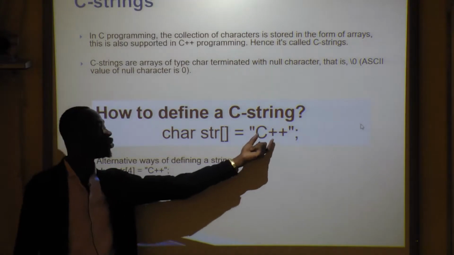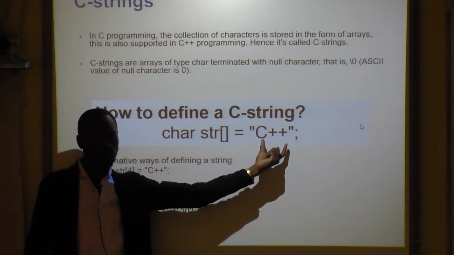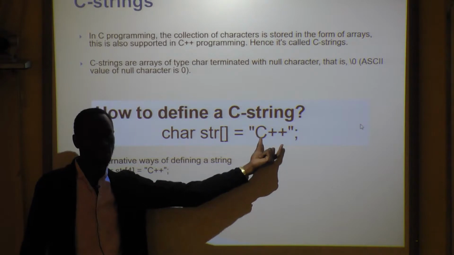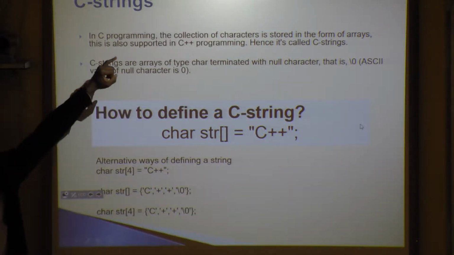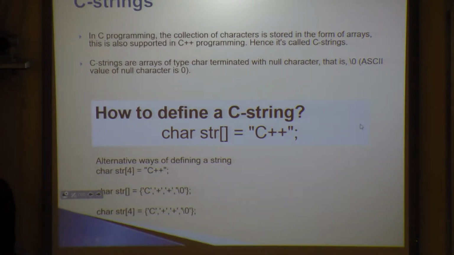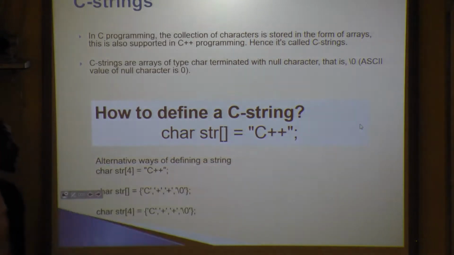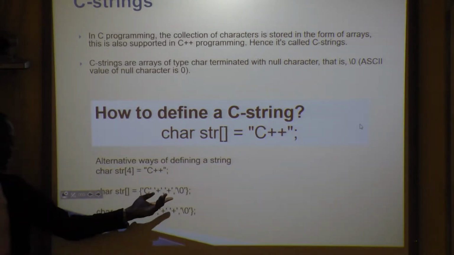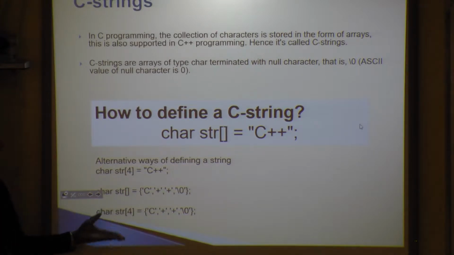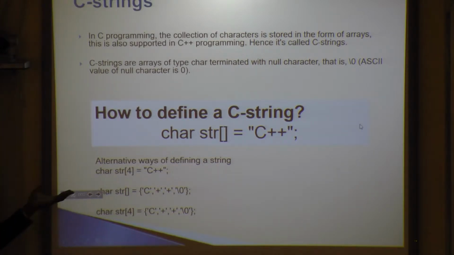It is going to store the string that we declare inside. That's why we say it's a C-string: a collection of data stored in the form of an array. You can define it this way, or you can define it also this way. Those are the possibilities that you may deal with.